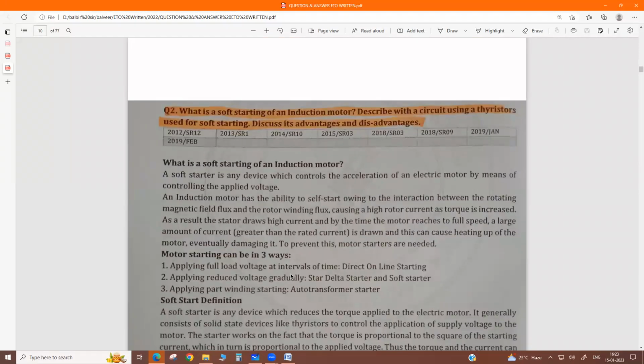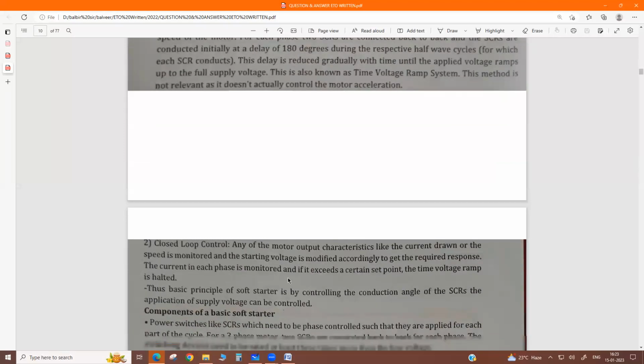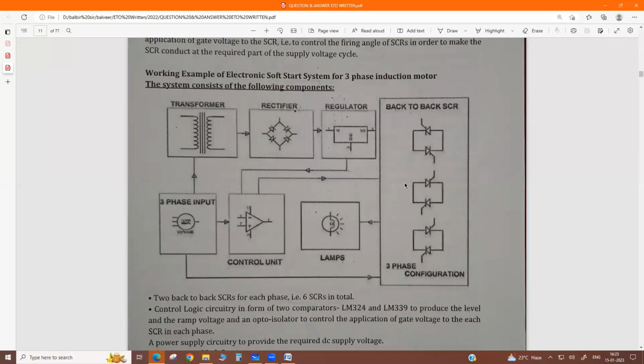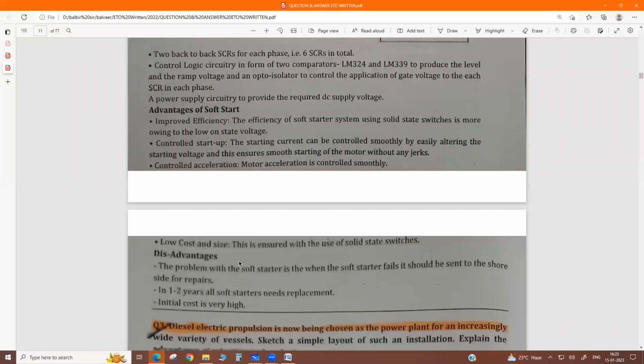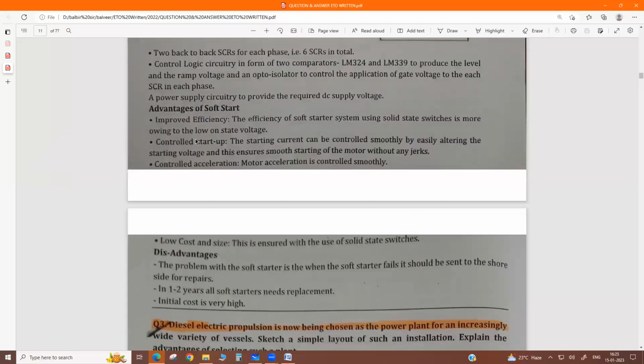This is the soft starter discussed here. This is back-to-back connected, these diodes we use. Then the advantages of soft starter: it improves efficiency because losses are reduced here. Efficiency of a soft starter using solid state devices is more.